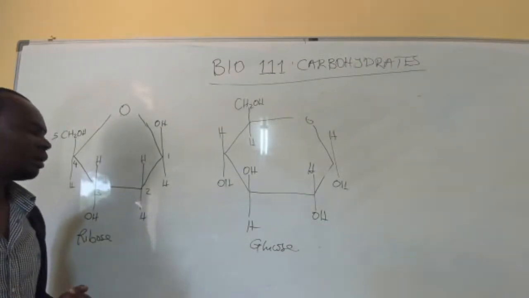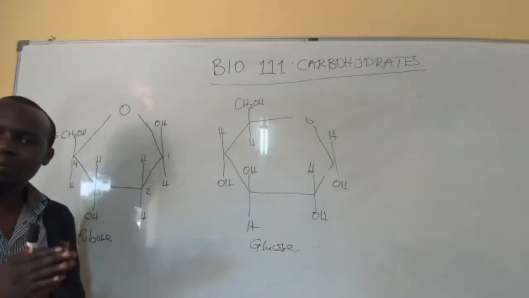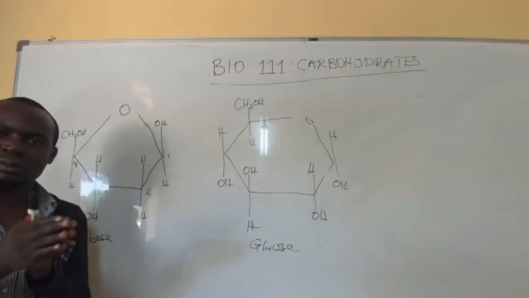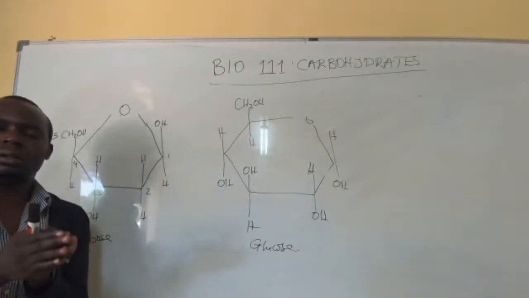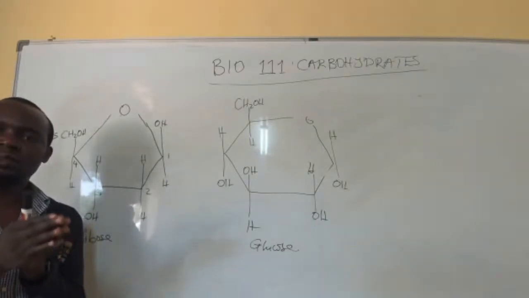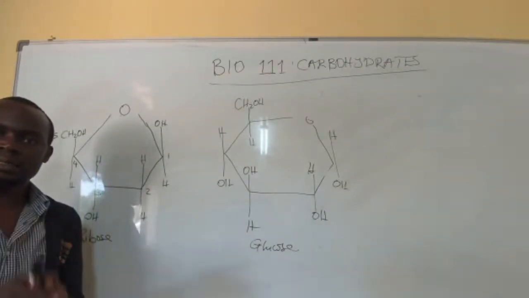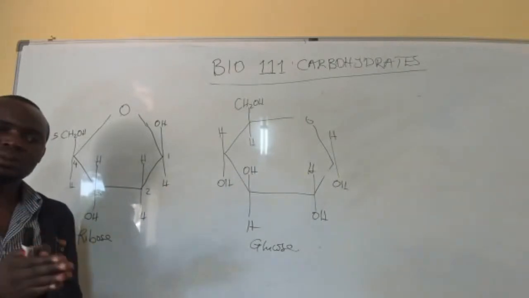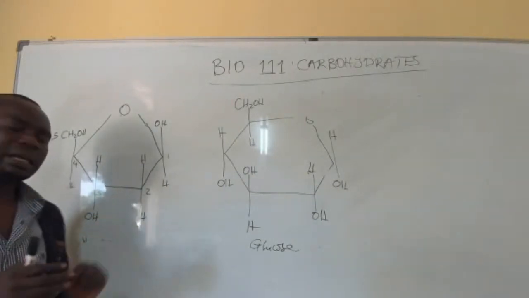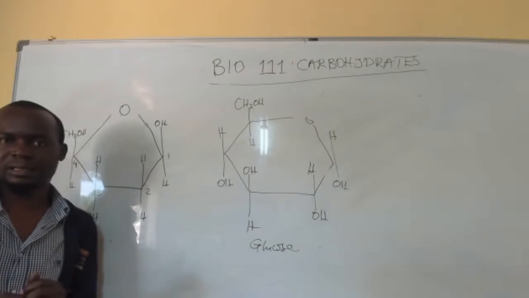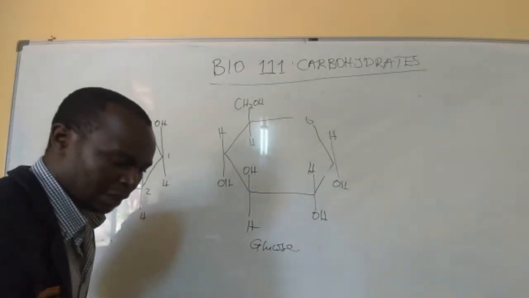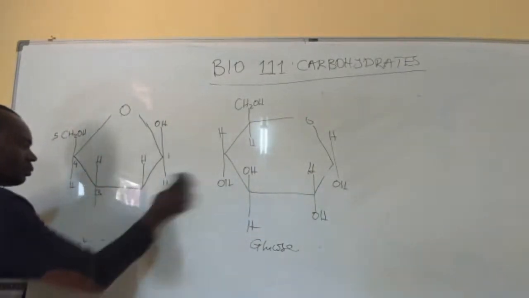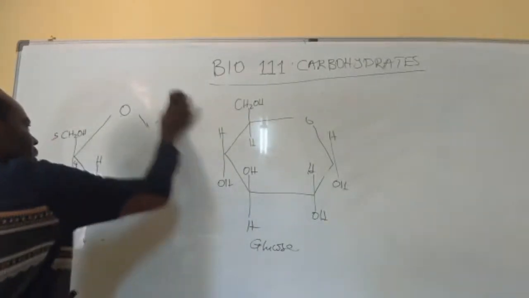So your deoxyribose sugar is a vital, key component in the deoxyribonucleic acid, DNA, whereas your ribose sugar is a key component in your ribonucleic acid, which is your RNA.